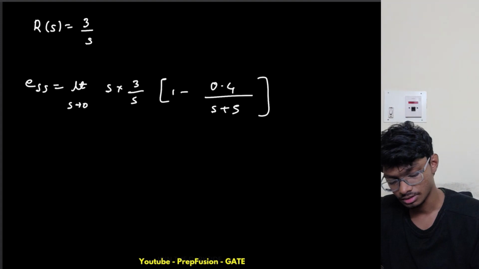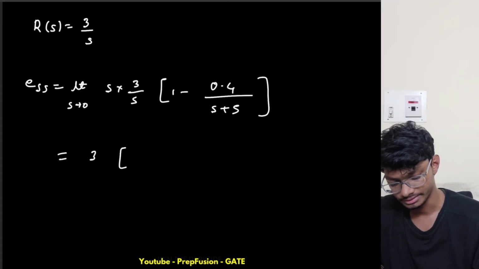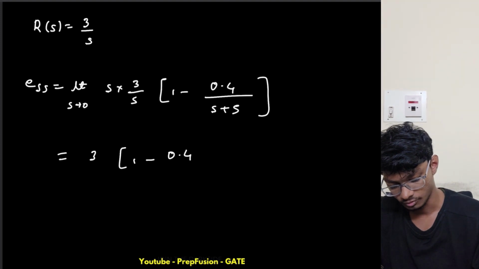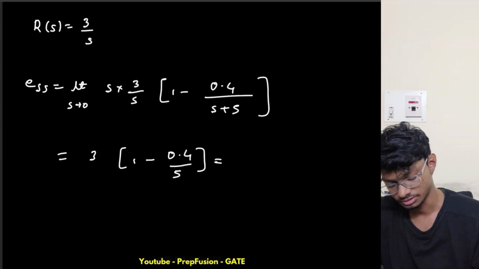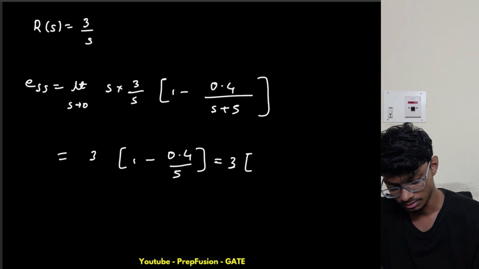Okay, so now simply put s equals to 0. What do I get? So this is 3 outside and this is 1 minus 0.4 by 5, right? So this is equals to 3 into 1 minus 0.08.